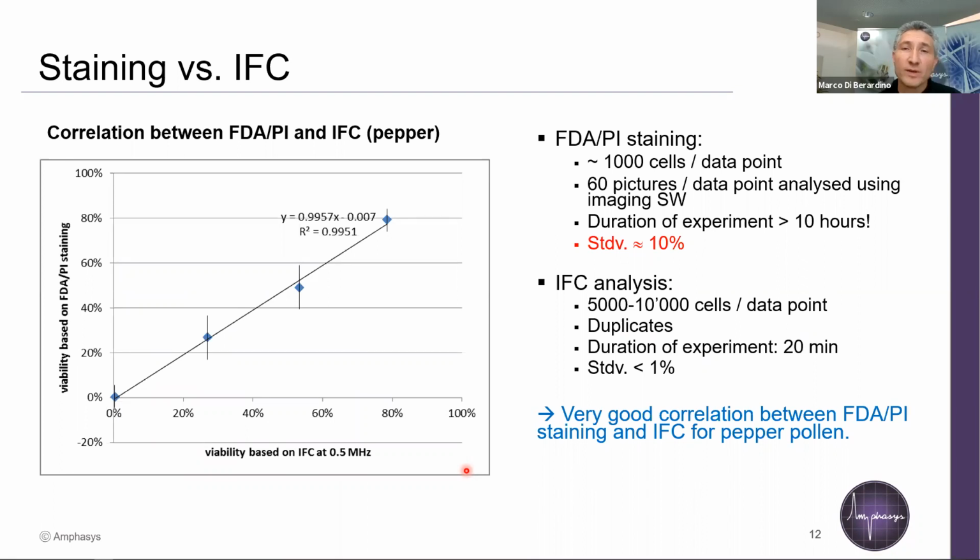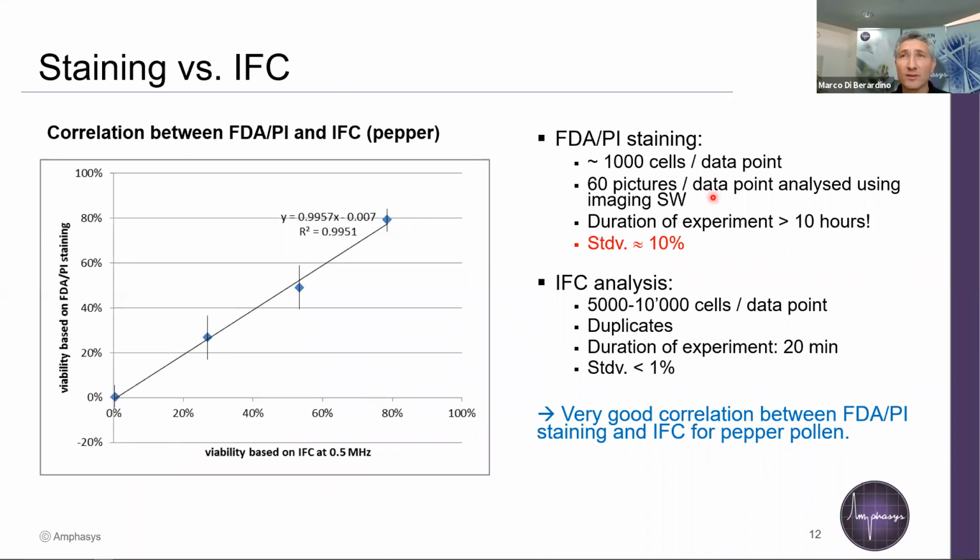In this slide, we show one of our first validation experiments. Here we compared FDA PI staining with IFC for fresh pepper pollen. Our goal was basically to reduce the statistical error by counting around 1,000 cells per data point, which was done using an imaging software and counting 60 pictures per data point.